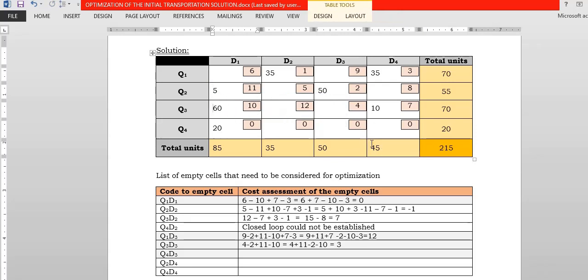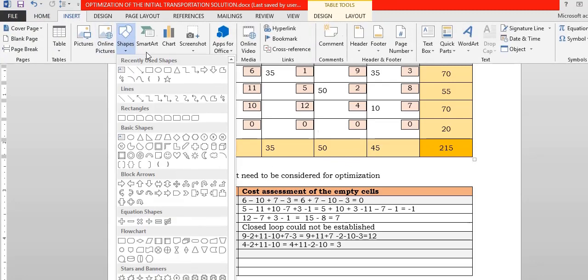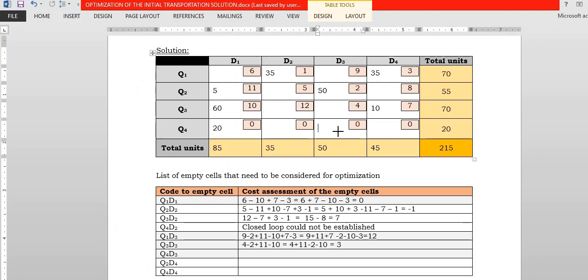Then from there we have Q4D3. Q4D3 is down here. Again, we find out if it has a closed loop, and I can see it has a closed loop. It's very easy to get one. Just start from here. You move up to the position there.